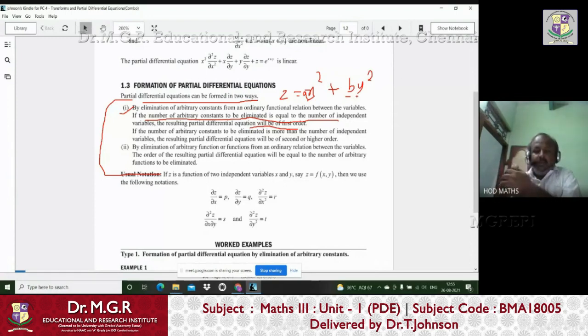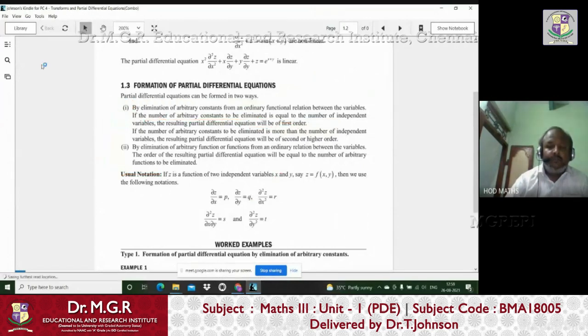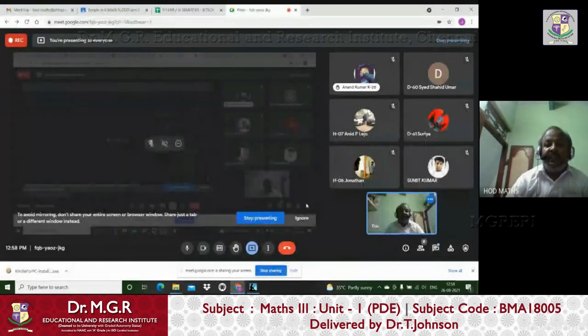Syed, Anand, Sumit, Surya, anyone? How many arbitrary constants?